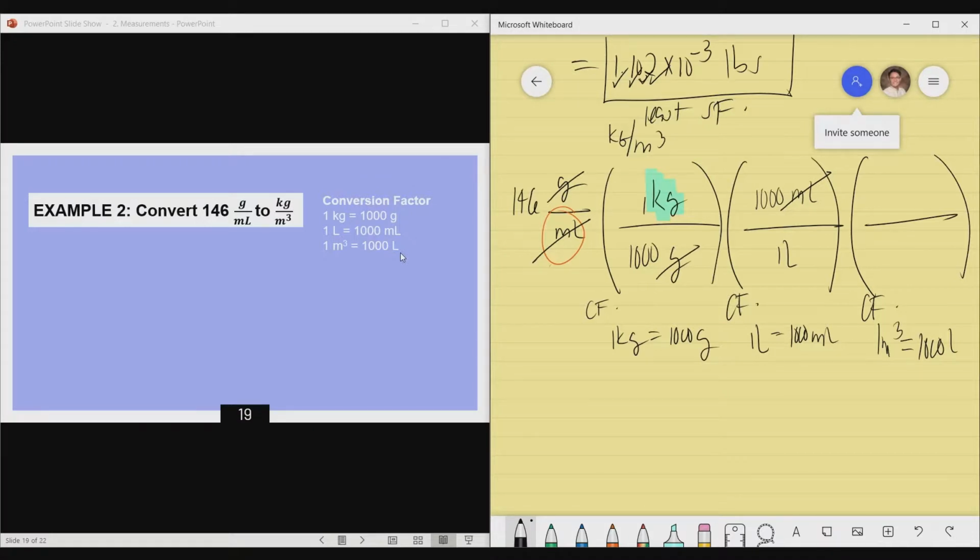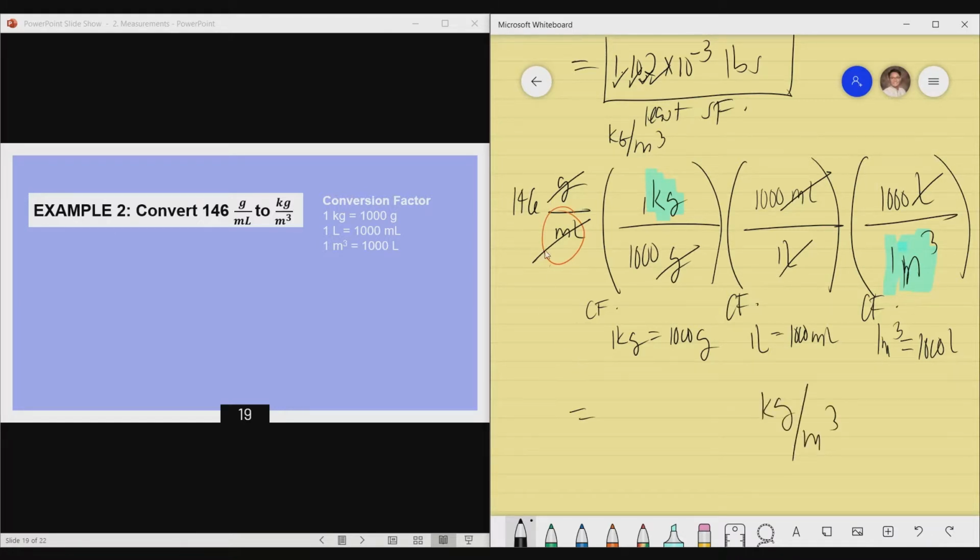So, dahil nasa denominator tong liter, dapat sa numerator naman tong 1,000 liter para ma-cancel. And then 1 cubic meter. At this point, yay, masaya na. Meron ka na ngayong kilogram per cubic meter. Na-attain mo na ngayon yung gusto mong unit.